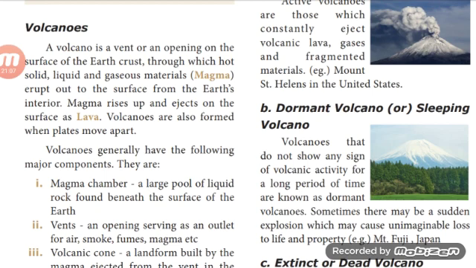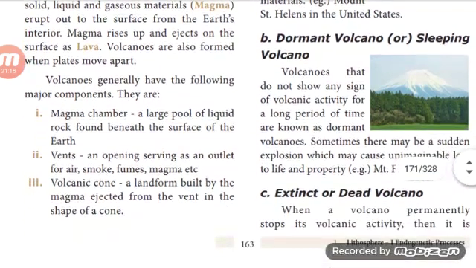What are the major components of this volcano? They are magma chamber, vent, volcanic cone and the crater. First let us see what is magma chamber. It is nothing but the collection of liquid rock found under the surface of the earth.